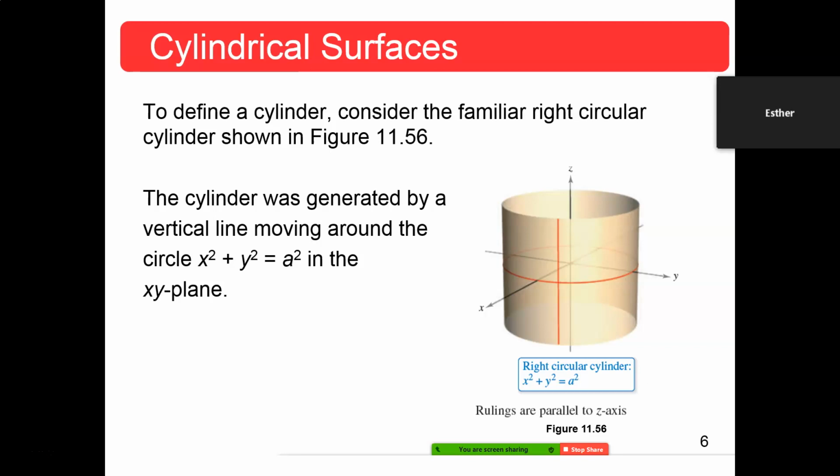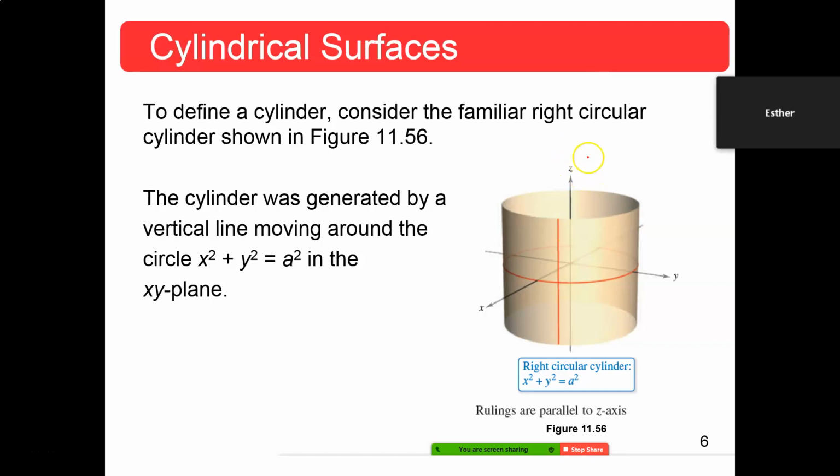This one happens to be the z-axis here. That is the center, and therefore the plane of that circle is perpendicular to that axis.